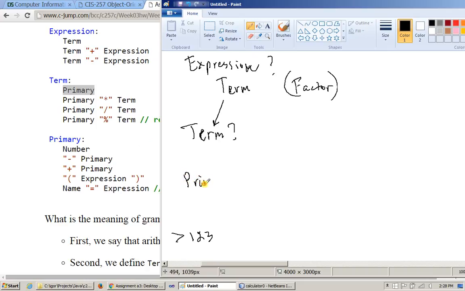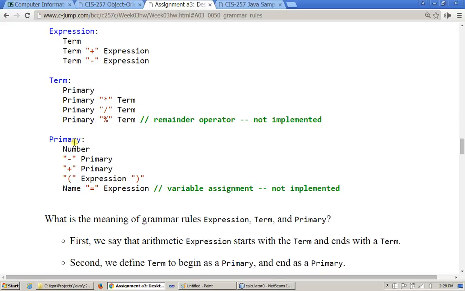So first we're going to say, is this a primary? What is a primary? A primary can be a number. Or a primary can also be a unary minus, like minus 123, or a unary plus, like plus 123, which is simply 123 without any unary operator. Or it can be an expression enclosed in parentheses.